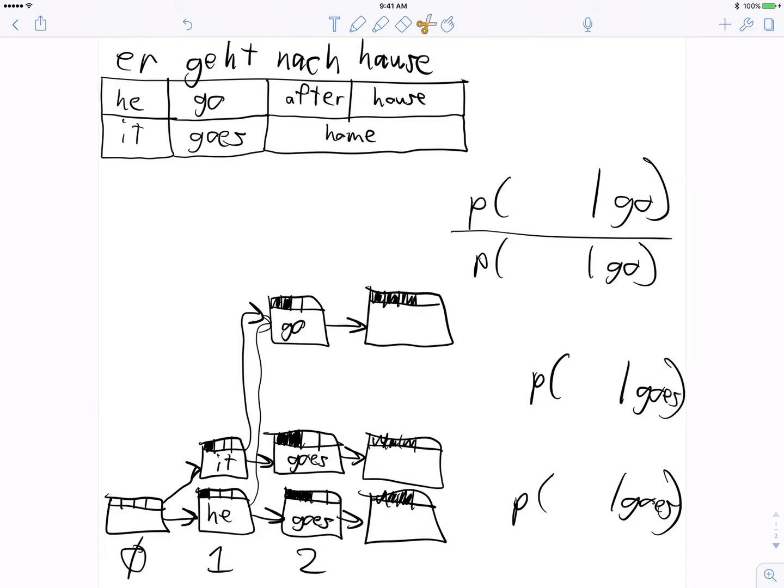Exactly the same thing can happen down here. These are going to be equivalent from the perspective of the language model history.